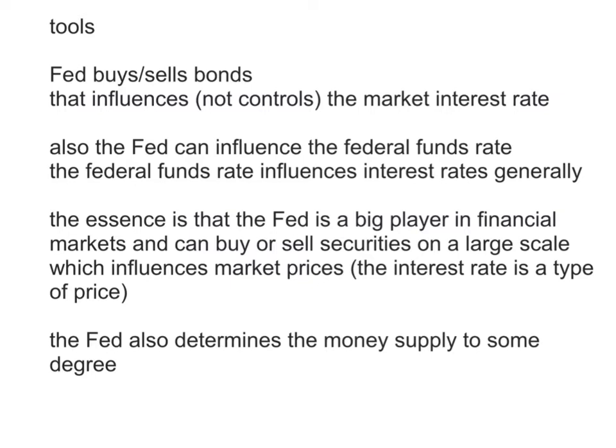And if the price of bonds goes up, the yield goes down, and if the yield goes down, that's like saying the interest rate is going down. So there's this very broad general channel of trying to affect market interest rates generally through open market operations.